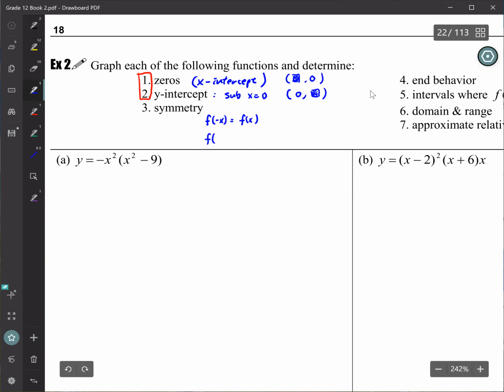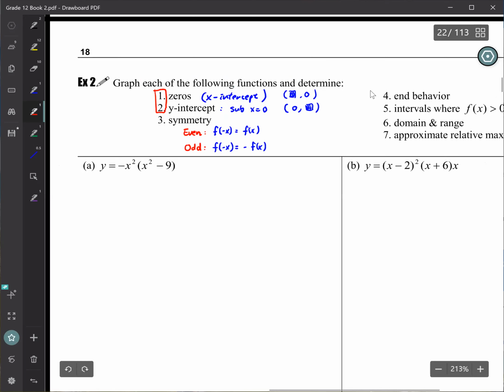Or f of negative x equals negative f of x. One of them is over the y-axis, the other is around the origin. Another name for these two symmetries: you can call the first one the even function, and the second one the odd function. So that's another way to describe the two symmetries.